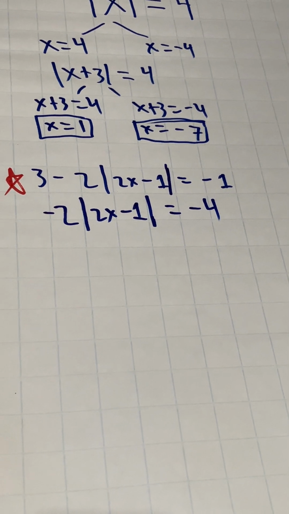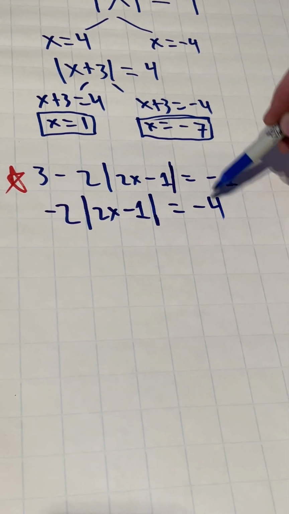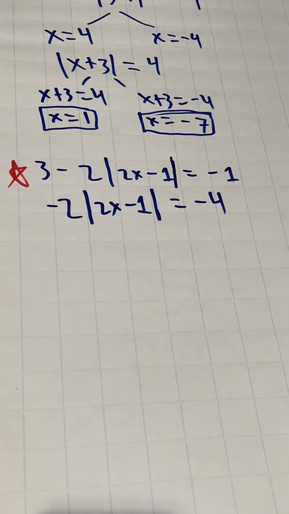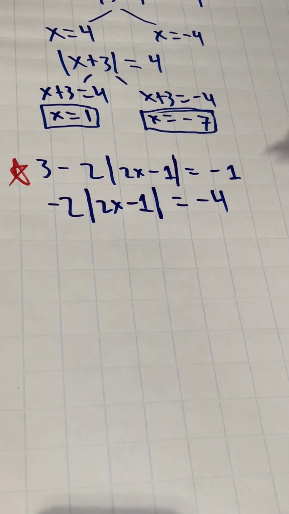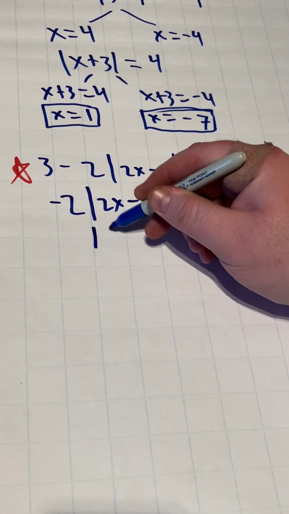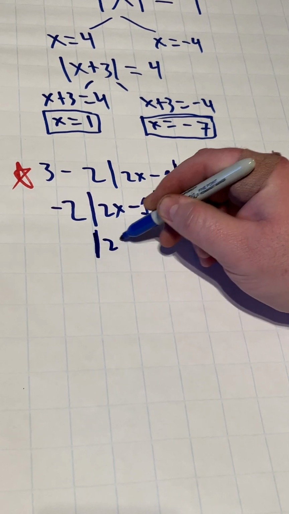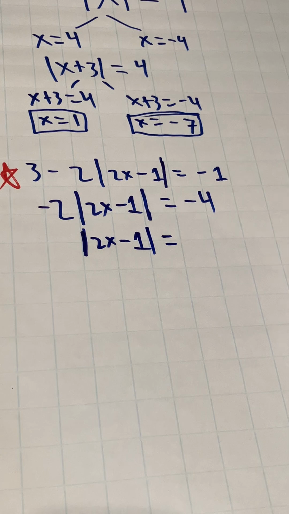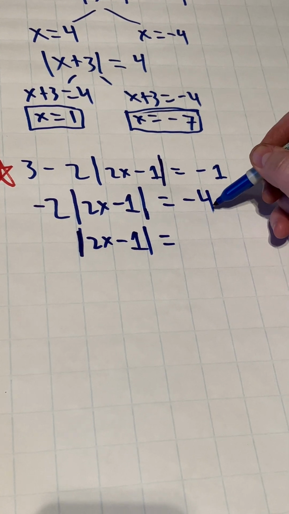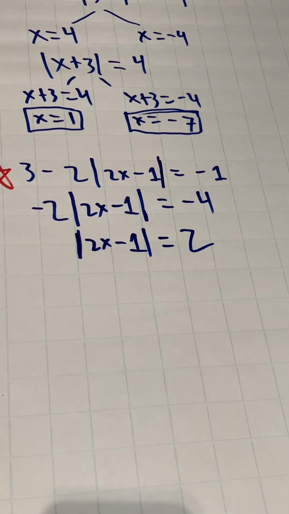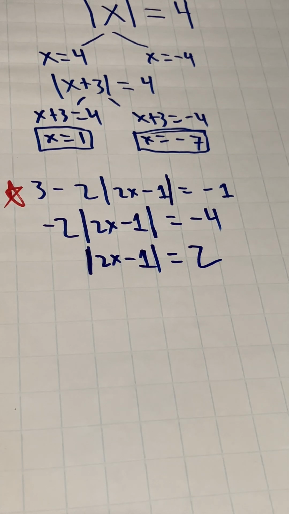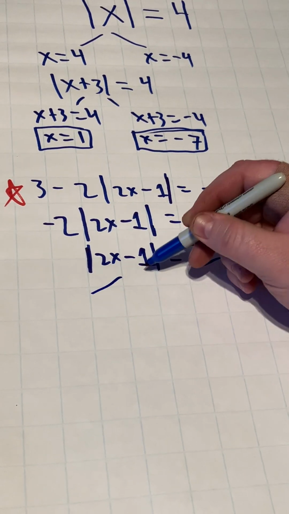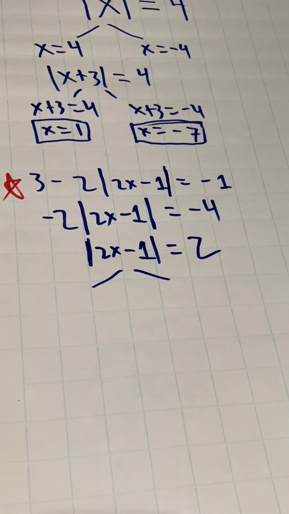And then the next step I'm going to do is divide both sides by negative 2 so that I isolate my absolute value expression. That'll be negative 4 divided by negative 2, that's positive 2.